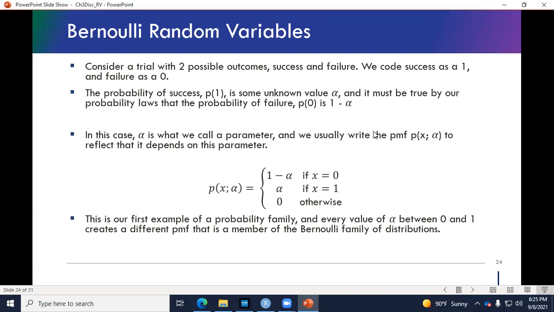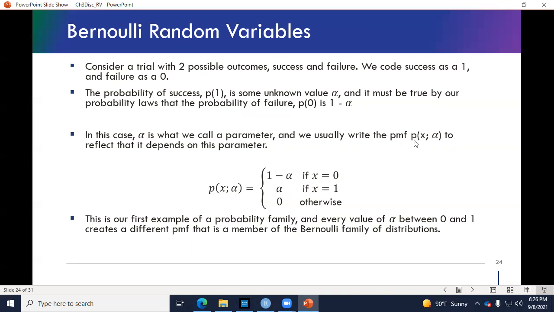And we call alpha a parameter for this Bernoulli distribution. We usually write this PMF as P with brackets, X is your random variable, and alpha is the parameter associated with this distribution. And we write it in this way to reflect that this PMF depends on this parameter.